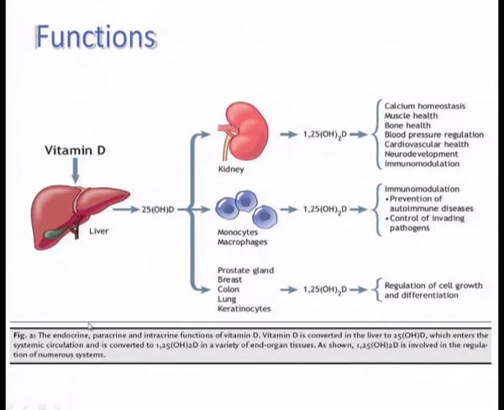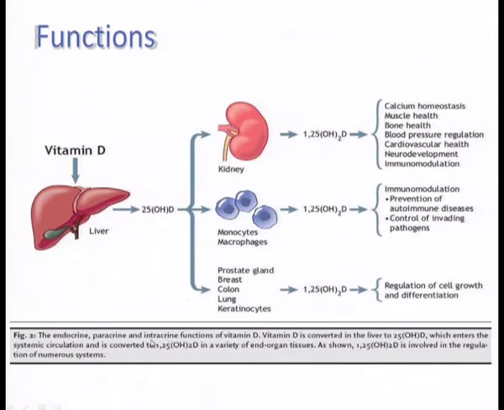So what is this paracrine function? Paracrine is basically what we consider cell to cell communication. One cell tries to release certain chemical factors to the other cell, and through that they are able to regulate the function. So paracrine function of vitamin D is also essential.